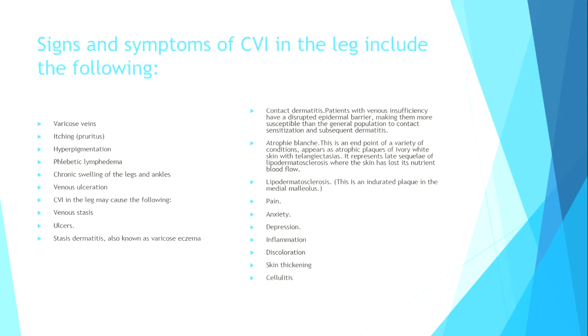Signs and symptoms of chronic venous insufficiency in the leg include the following: varicose veins, itching, hyperpigmentation, phlebitic lymphedema, chronic swelling of the legs and ankles, venous ulceration, chronic venous infection. Chronic venous insufficiency in the legs may cause the following: venous stasis ulcers, stasis dermatitis, also known as varicose eczema.